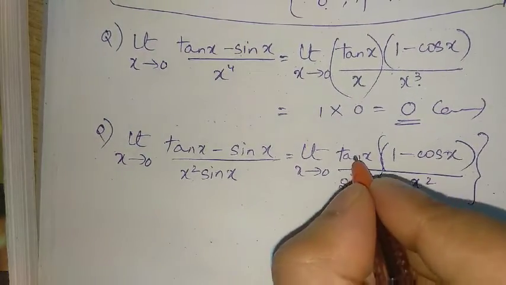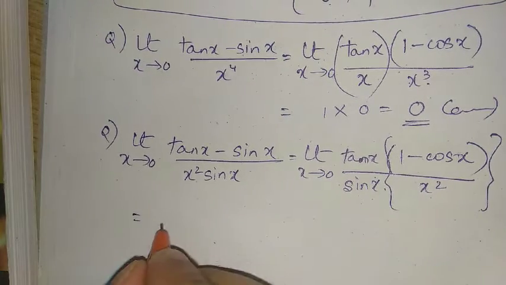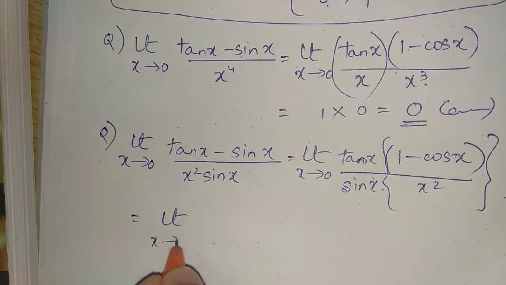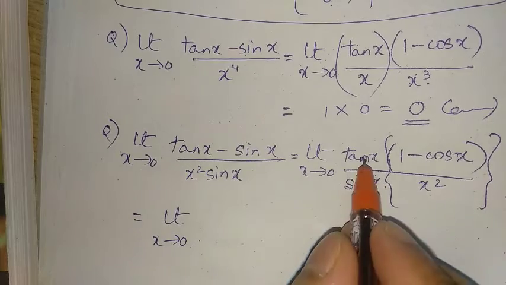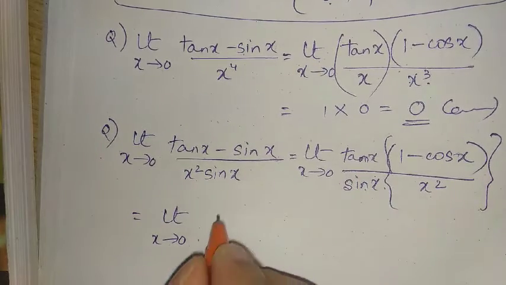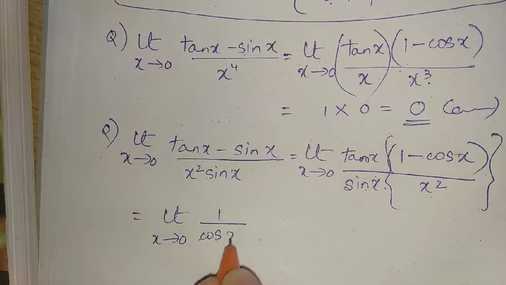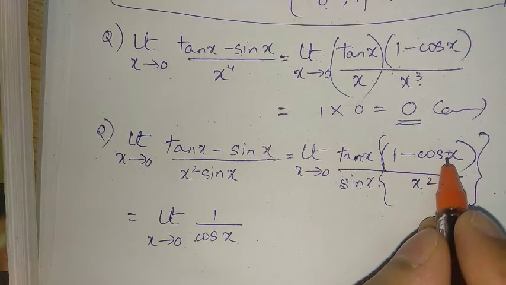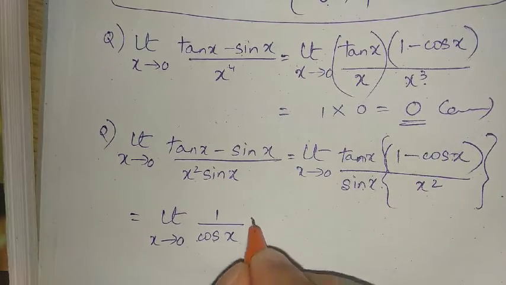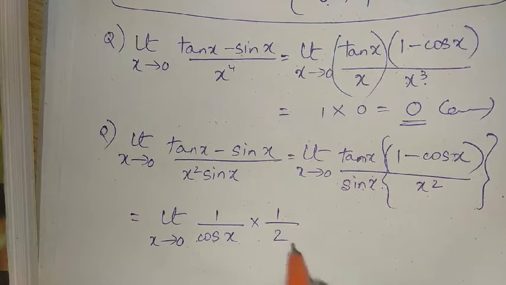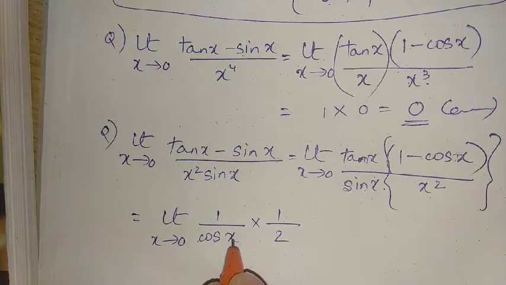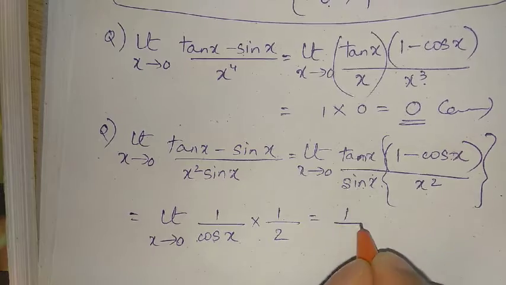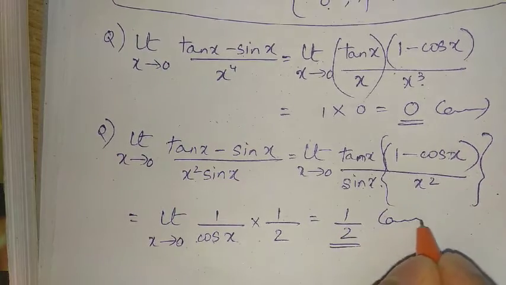Then, limit x tends to 0, we know tan x by sin x is nothing but 1 by cos x. And this is nothing but an even power of x, and the coefficient of x is 1, so we will get 1 by 2. And limit x tends to 0, cos 0 is 1, so the final answer is 1 by 2.